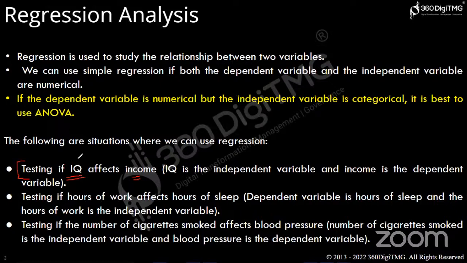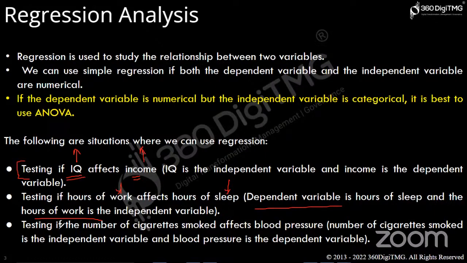Generally we have more IQ, more income. It is possible. Like testing if hours of work affects hours of sleep. The dependent variable is hours of sleep and the independent is hours of work. Maybe if you sleep less, it may affect your work. It may decrease, right? So this is also a possibility.